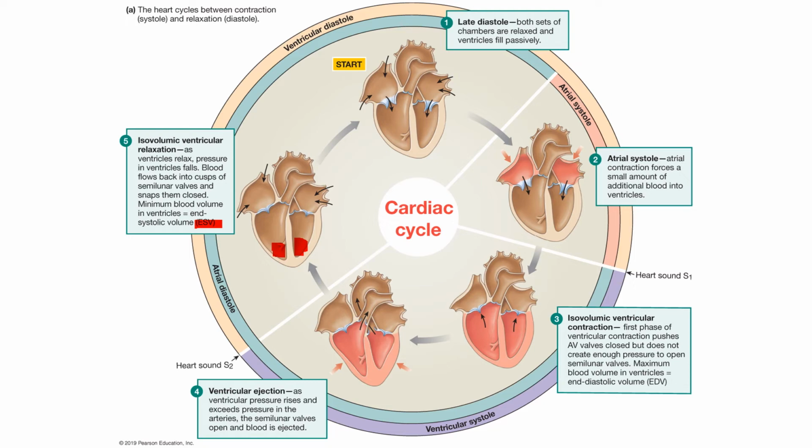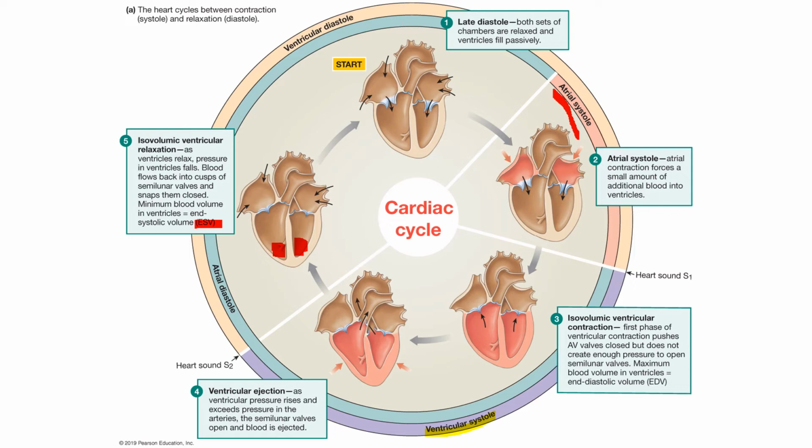Right here, you notice that this is the stage where the atria are going through systole, so the atria are contracting. Then we can see right here, the ventricles are the ones contracting down here in that stage down there.